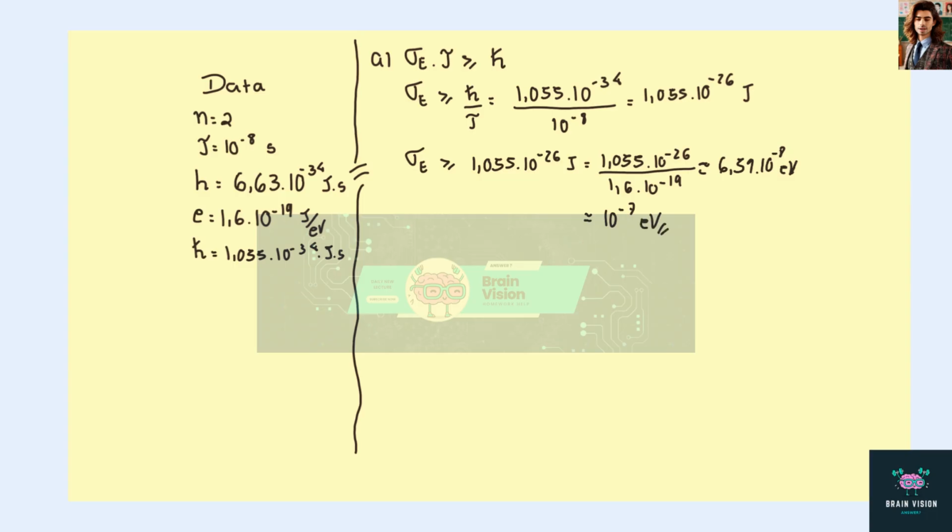So this is the energy uncertainty in electron volts, and this is the energy uncertainty in joules. You can choose whatever is more convenient.